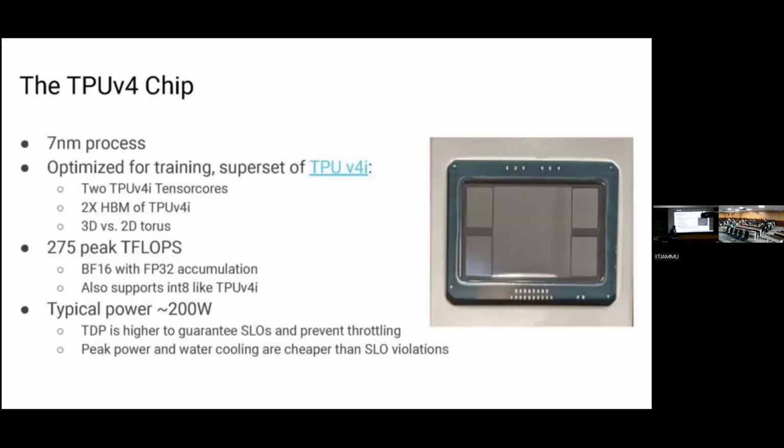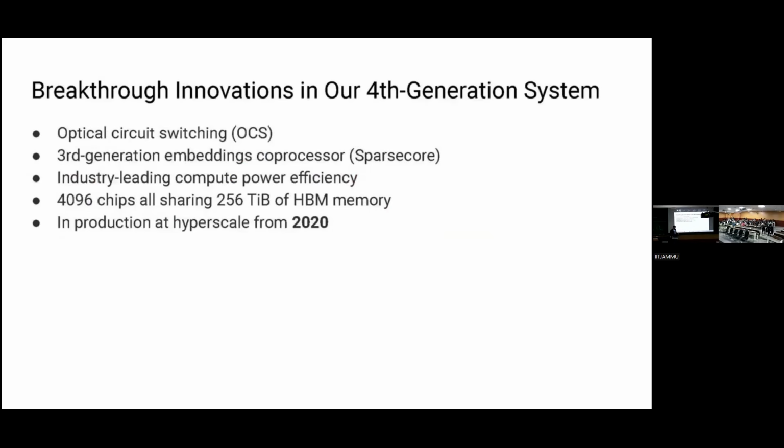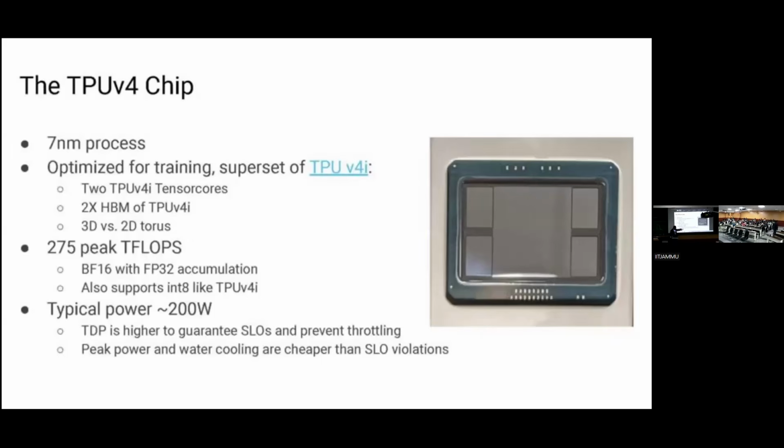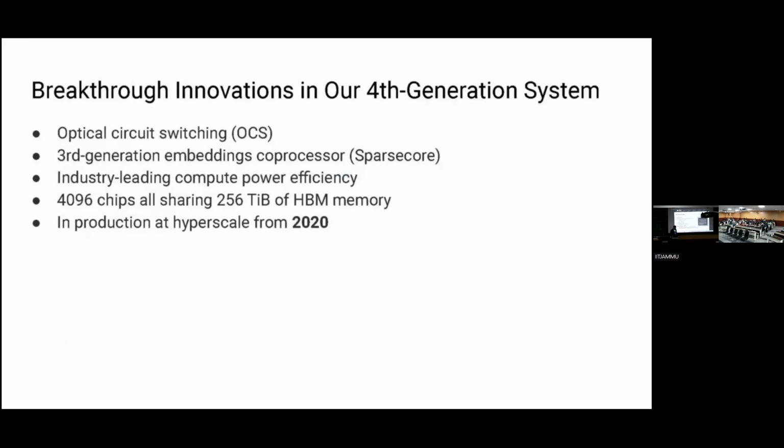And then there is TPU V4. This is 7 nanometer, 275 teraflops, 200 watts, and this is chiplets. You can recognize the HBMs, and they are all in a package. Again, optical switching, 4,096 chips sharing the memory.